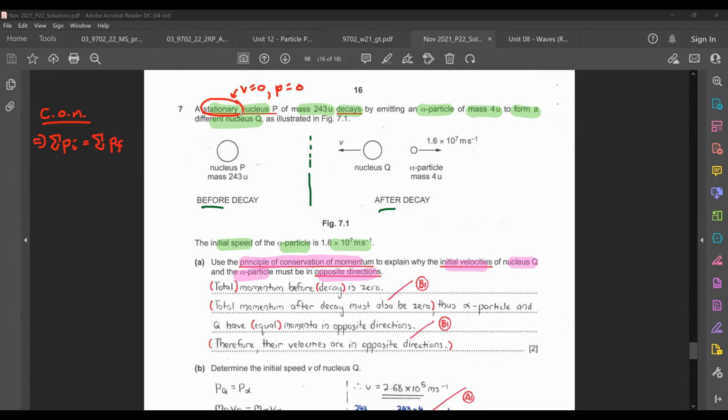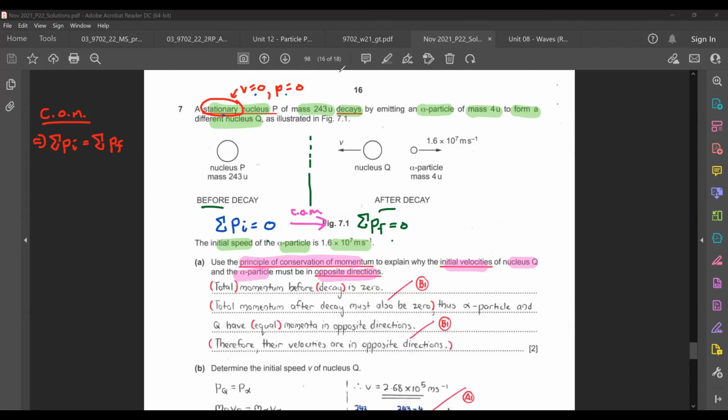Since this one is stationary, the velocity is 0, the momentum is 0, and it's the only thing there, so the sum of your initial momentum is 0. So by conservation of momentum, the sum of your final momentum after the decay must also be 0. Initial momentum is 0, final momentum is also 0.